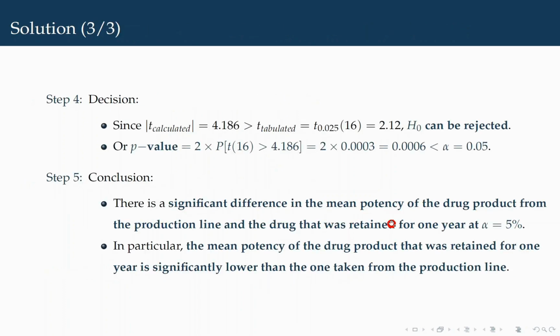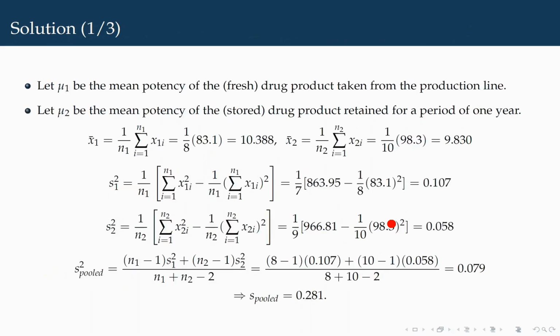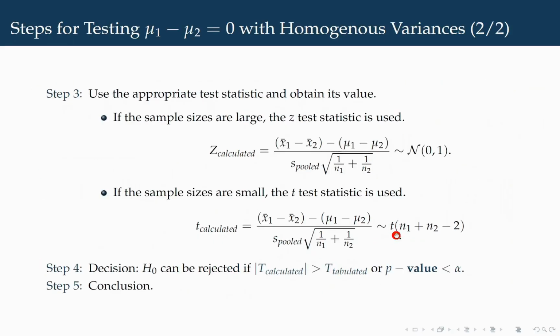Now, in the case of the homogeneous variance assumption, the degrees of freedom for the t test statistic is n1 plus n2 minus 2. So this is simple, just n1 plus n2 minus 2.